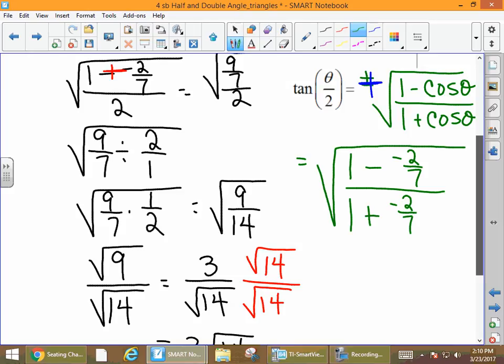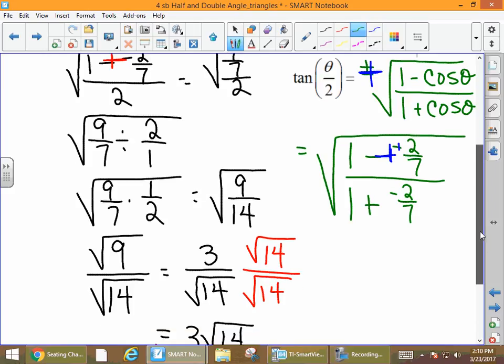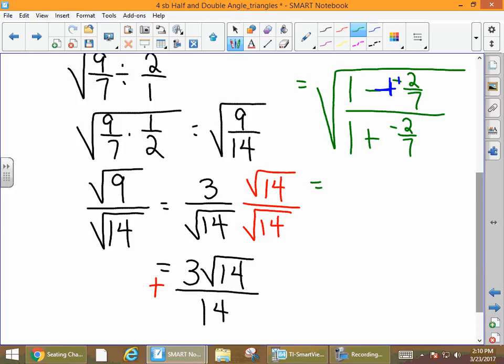And if we simplify that a little bit more, minus a negative gives us a plus. And down here, let me just write it on a separate line because it's not writing very well. We get 1 plus 2/7 divided by 1 minus 2/7. In the top we had negative, negative, so it became positive. In the bottom of our fraction, in the denominator, it was 1 plus a negative, and positive times negative is negative.